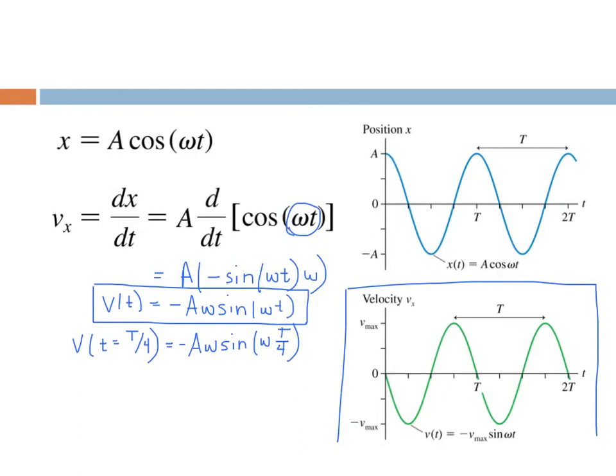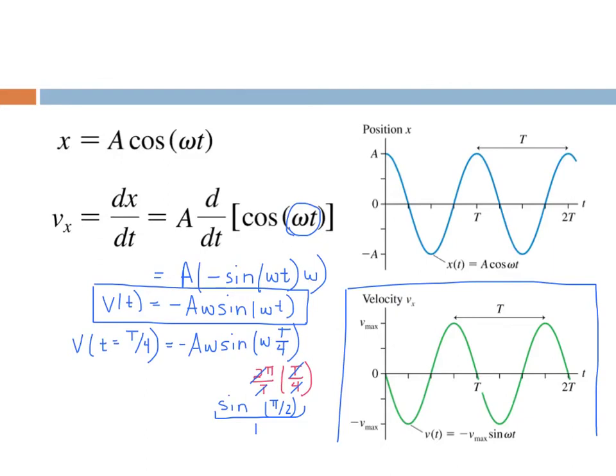Now we just said that omega can be rewritten as 2 pi over T. So we can see that the periods will cancel out and the fraction will reduce to pi over 2. So the sine of pi over 2 is just 1.